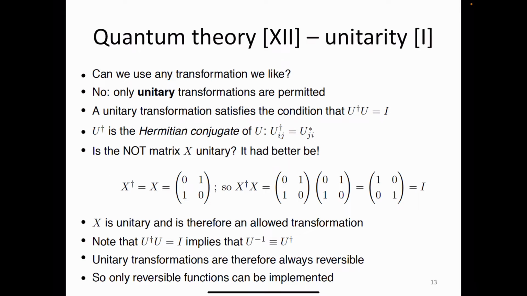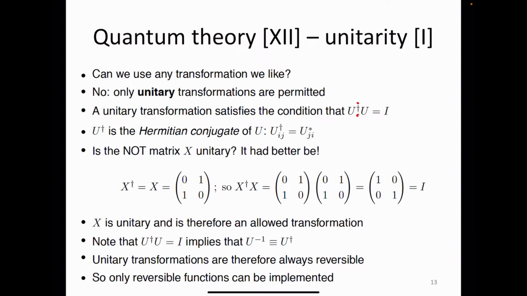And one condition is unitarity, so we cannot use any transformation that we like. Only unitary transformations are permitted. So what you see here is a unitary transformation satisfies the condition of U dagger times U equals I. So that means the complex conjugate transpose is this one here, so the dagger notation that you see quite often in quantum physics.